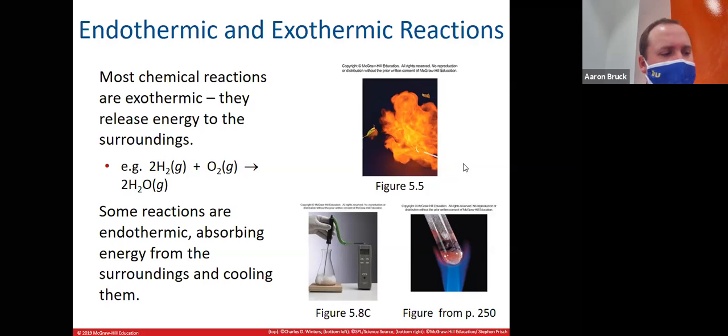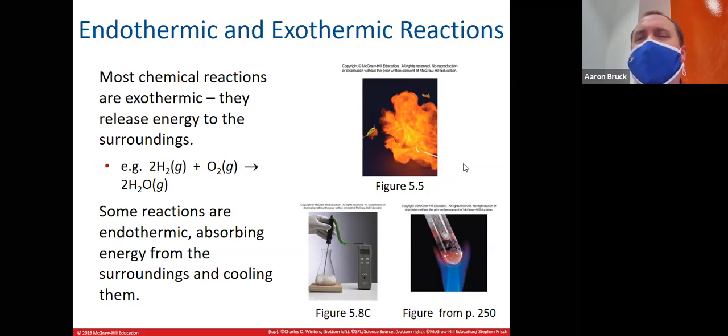There are other reactions that are what we call endothermic. Endothermic reactions are ones that absorb heat. We see these in a number of different processes. From a chemical standpoint, endothermic reactions are considerably more rare.